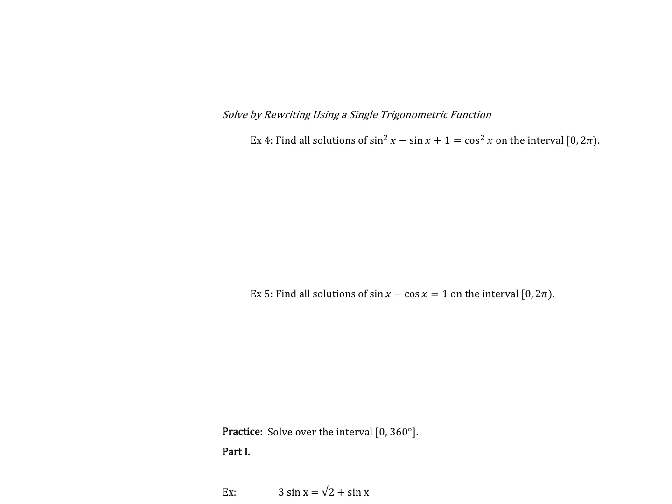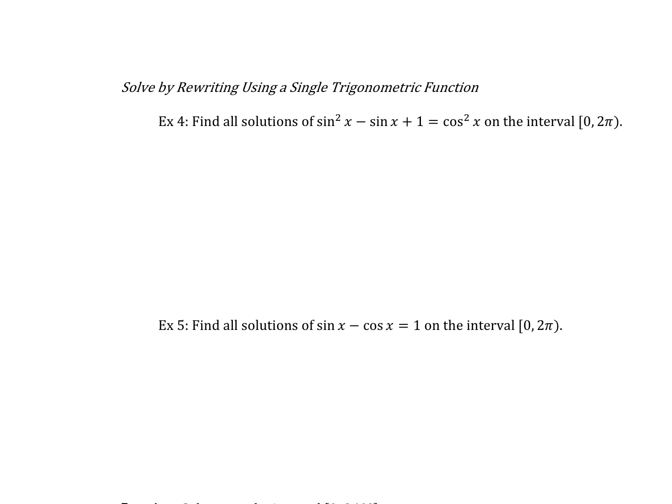On this first one, I'm noticing sines on one side and cosines on the other. You guys just thought you were done with your Pythagorean identities. For this one, I would suggest that you rewrite this right-hand side as 1 minus sine squared x. So you can do that substitution of rewriting that cosine squared as 1 minus sine squared x.